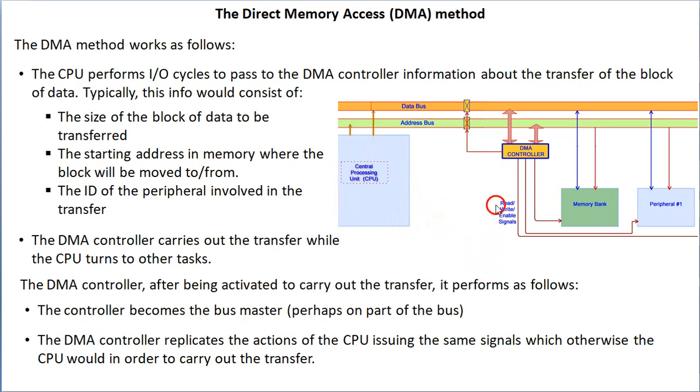Now, in order for the DMA controller to play the role of the CPU, it has to become the bus master and thereby simulate what the CPU was doing. Once it becomes the bus master, then it can replicate the actions of the CPU by issuing the exact same signals which otherwise the CPU would generate in order to carry out the transfer.